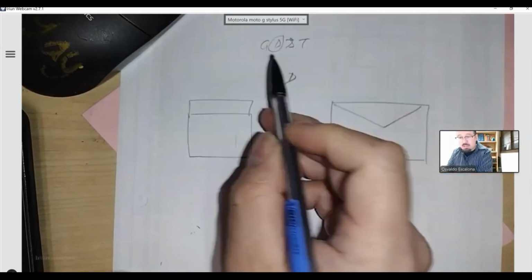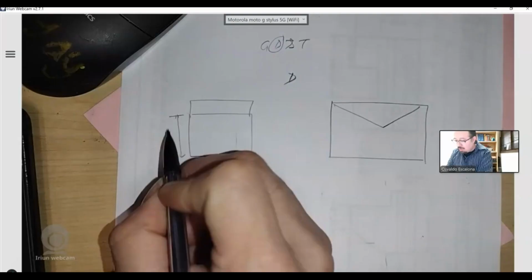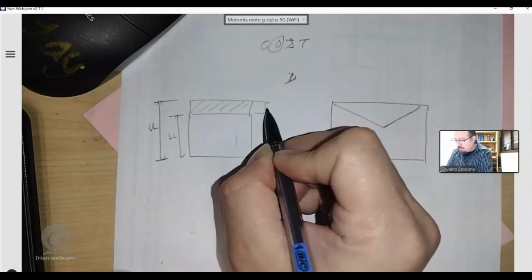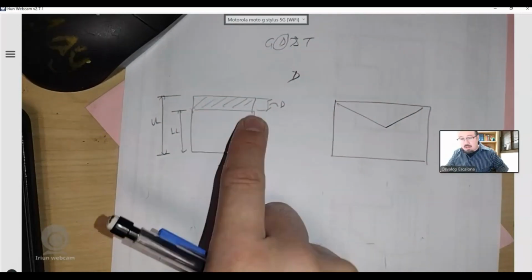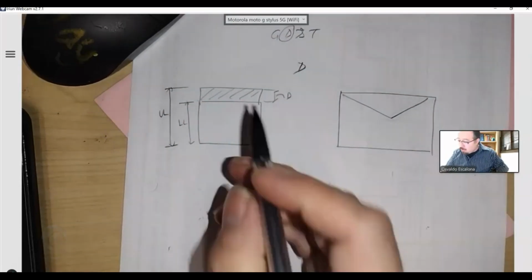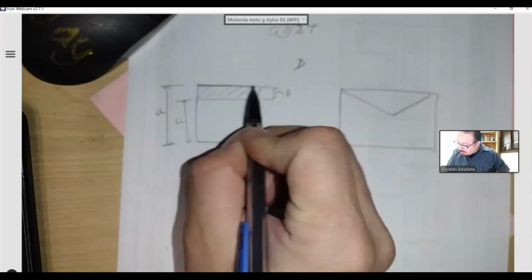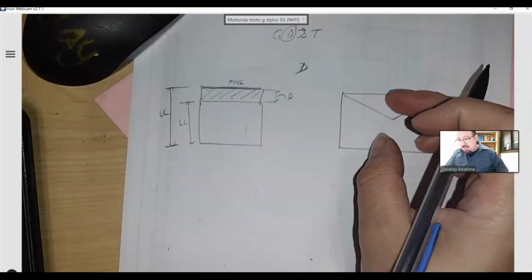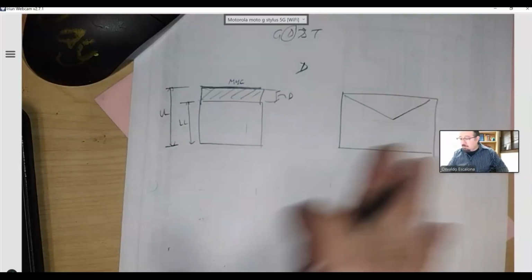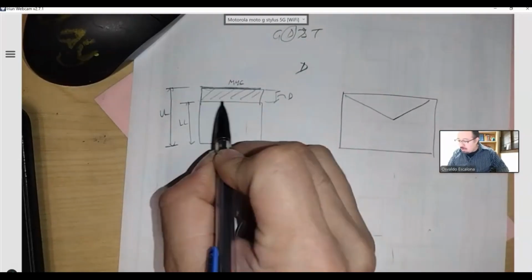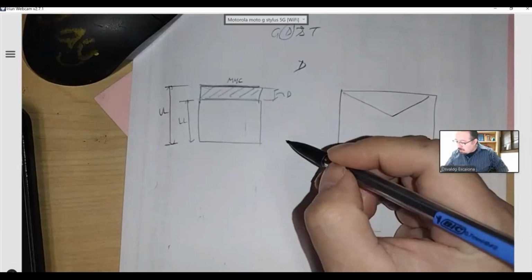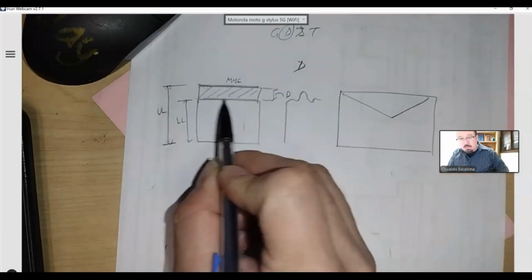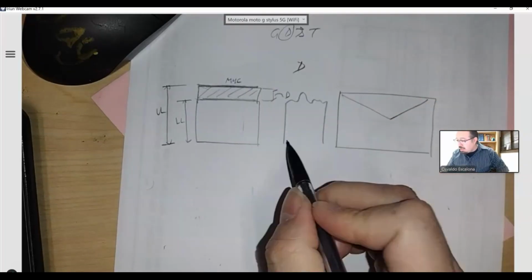We're only worrying about the D, which has a lower limit and an upper limit. When my part comes out the smallest I could get, the card can fit in here. If I come over here to the top, which in this case would be MMC, my card would rarely fit. If the size is smaller, the card would have the ability to have a bunch of form variation and still fit.